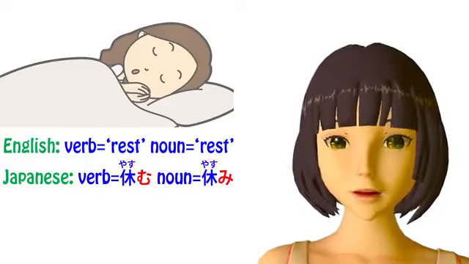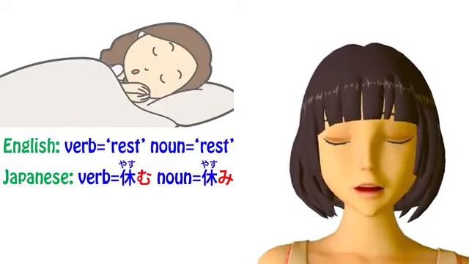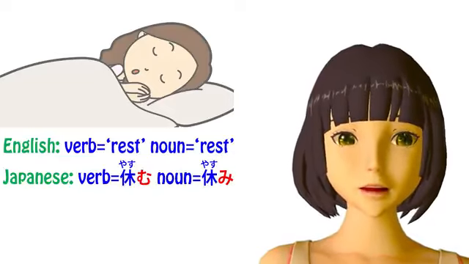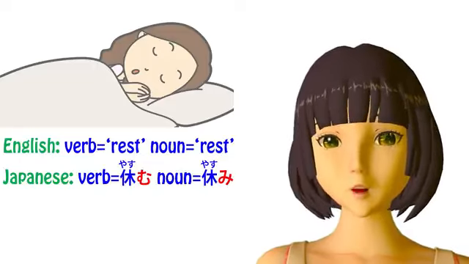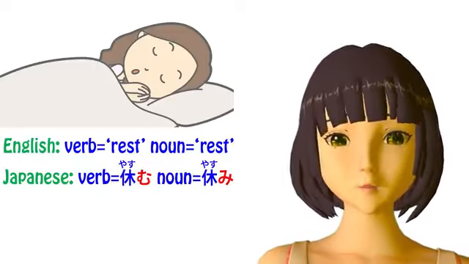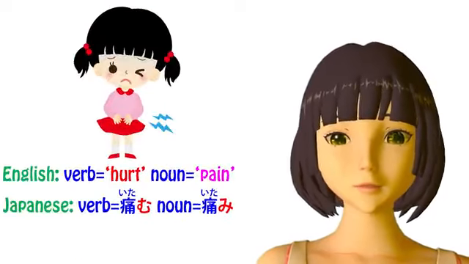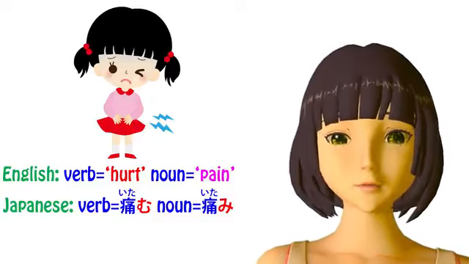And just about any verb that can logically have a noun form will have that noun form represented by the e stem of the verb. Very often these will be the same thing in English. Sometimes they will be different. So, for example, itamu means hurt, and itami means pain.